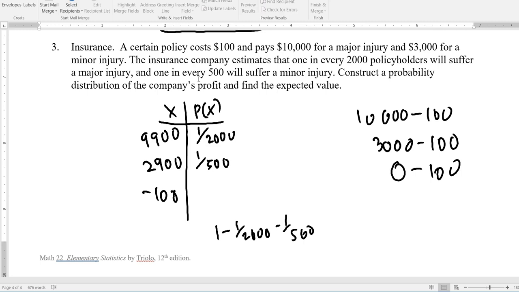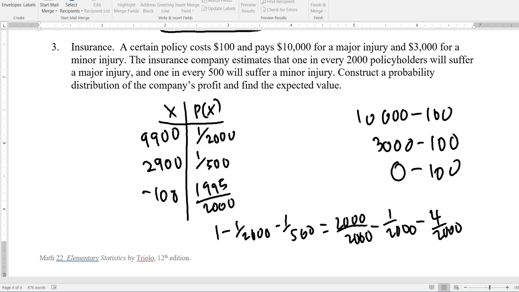Give them a common denominator. How about 2,000 out of 2,000 minus 1 over 2,000 minus 4 over 2,000. We're looking at 1995. That'd be the rest of them. So there's going to be one person that gets paid for a major, 4 that could get paid for a minor, and the other 1,995 lost $100.